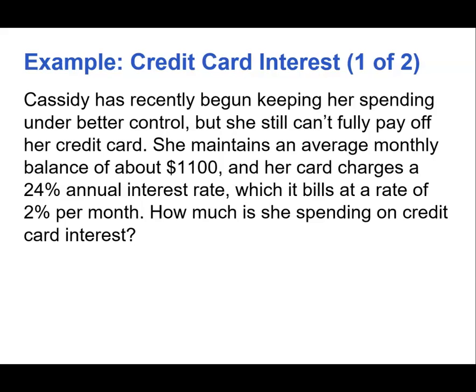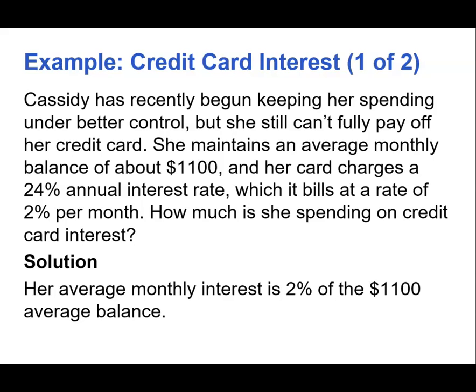How much is she spending on credit card interest? Well, her average monthly interest is 2% of the $1,100 average balance, so she's spending $22, which is what you would get if you took 0.02, which is 2%, times 1,100. You would get $22.